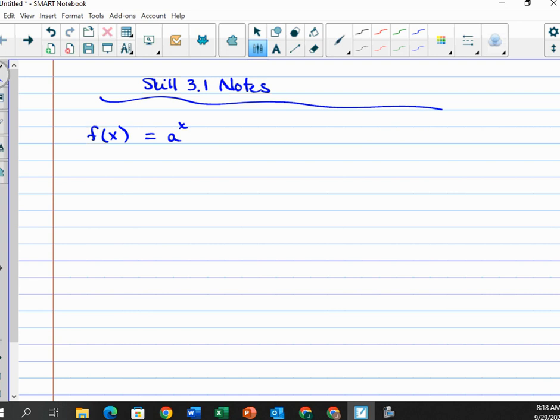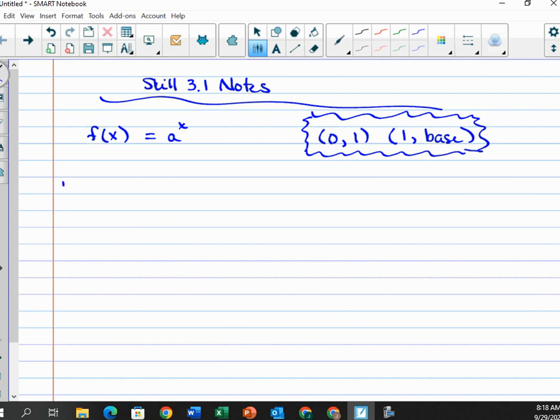When you go to graph that, every single time you will use the points (0, 1) and (1, base). That's where we will begin. For graphing logs and exponentials, we're not going to be plugging in a bunch of points and evaluating. We're going to start with these 2 basic points and do all of the transformations, and that's all you have to show me.